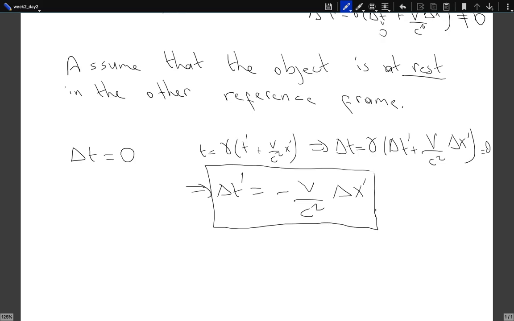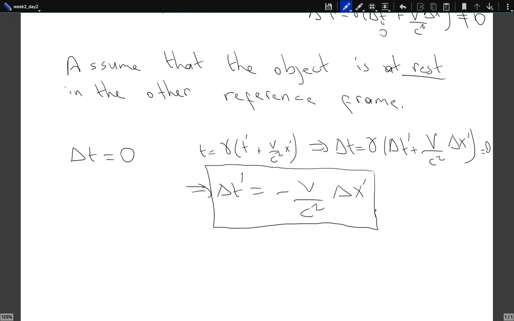You see, delta x prime is the length of the object in the other reference frame. So in the other reference frame, the measurements I make, remember I'm making two measurements. I'm measuring the beginning of the object and the end of the object at the same time in my reference frame. But as we discussed in the previous lectures, simultaneity is a frame-dependent concept. If I measure the beginning and the end at the same time, that's simultaneous in my reference frame, they will not be simultaneous in the other reference frame.